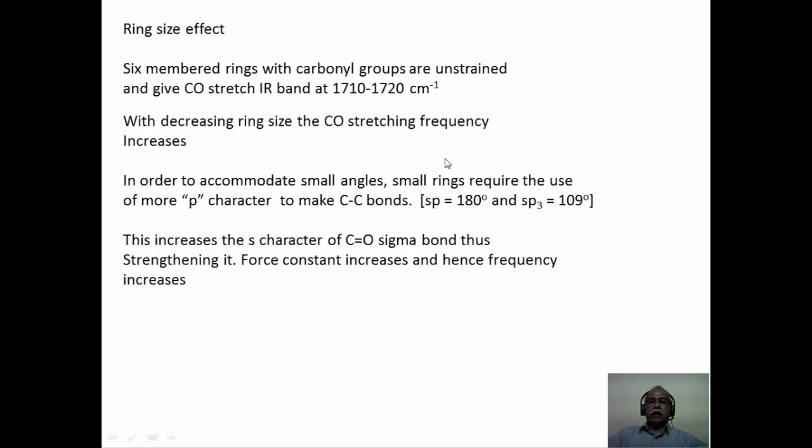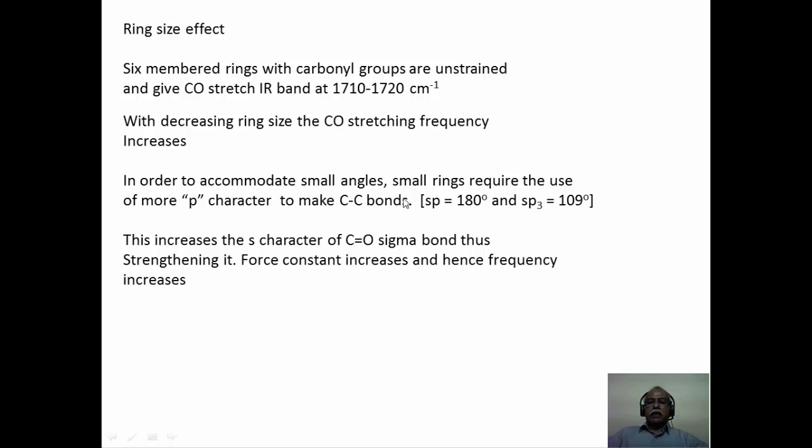For example, the bond angle in the 6-membered ring can be 109, whereas in the 5-membered ring it will be much smaller, and when you go to the 4-membered or 3-membered ring, it is going to be even smaller than the 109 angle. In the case of a cyclobutanone kind of a system, you have a 90-degree angle, whereas in a cyclopropanone kind of a system, it will have a 60-degree angle or so.